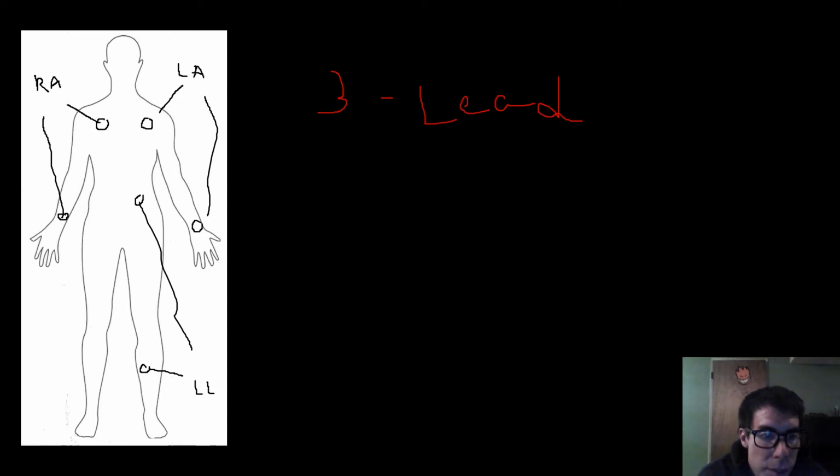Then we have our right leg, which you can put there or there most commonly. Alright, so those are placement areas for our 3-lead or 4-lead.